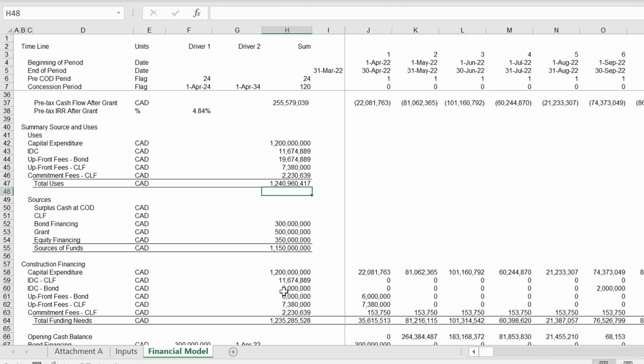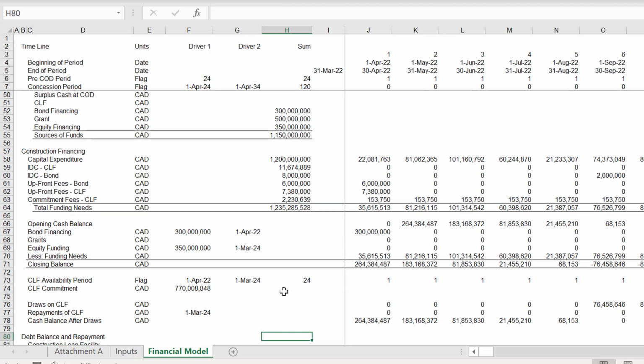Okay, and then now if you notice, this funding needs does not equal to this, and that's because we have some difference, and we could even put the CLF at the financial close date, I suppose, but I don't want to do that. We paid it off, and we have this balance.